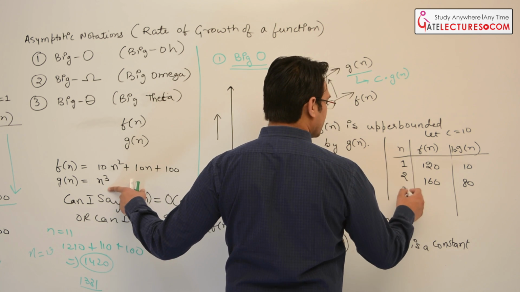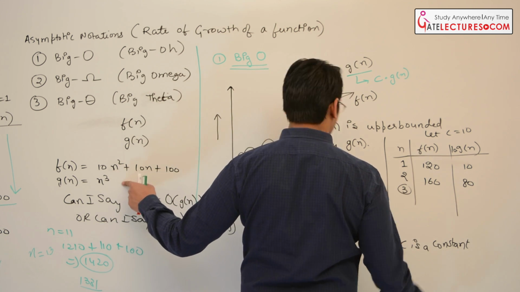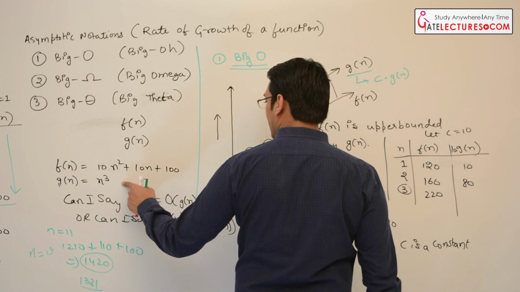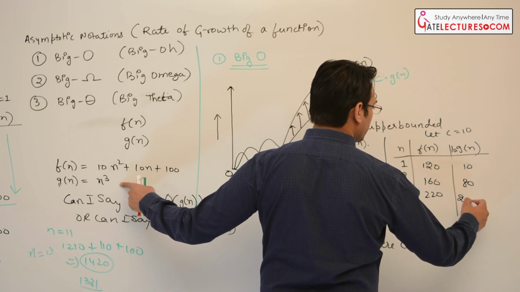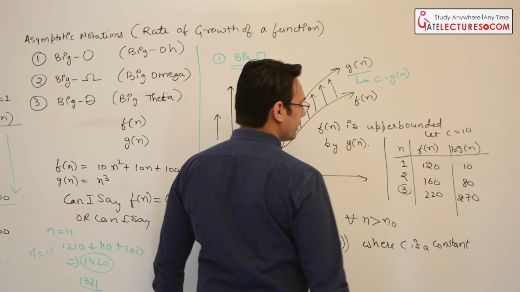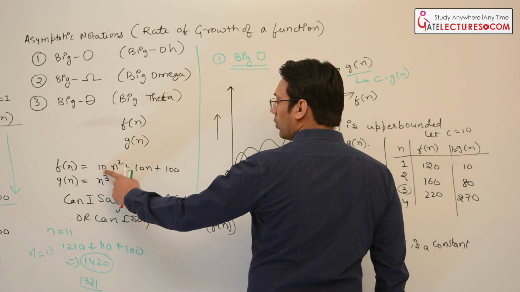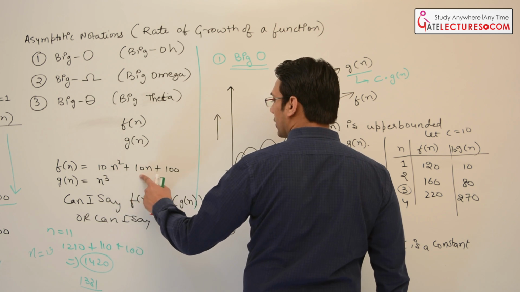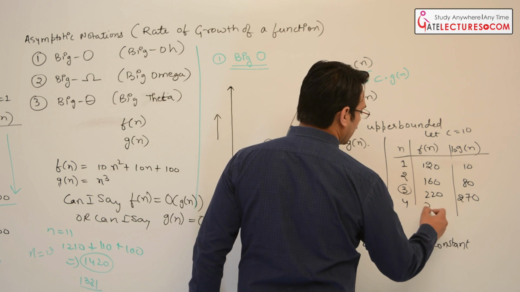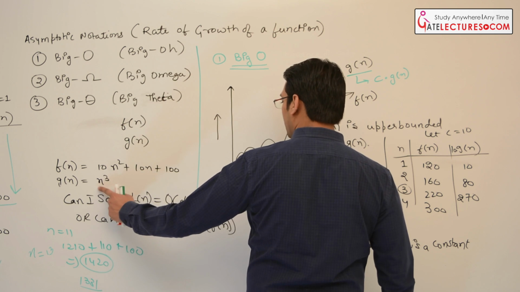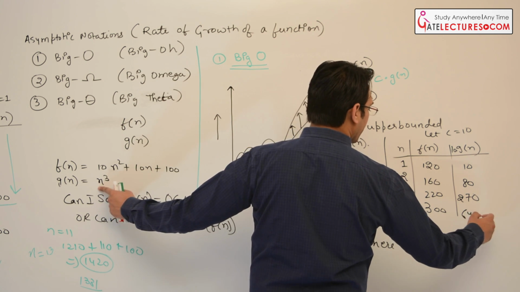If the value of n is 3, then Fn will become 220 and Gn will become 270. If the value of n is 4, then Fn will become 160 plus 40, which is 200 plus 100 is 300, and Gn will become 640.